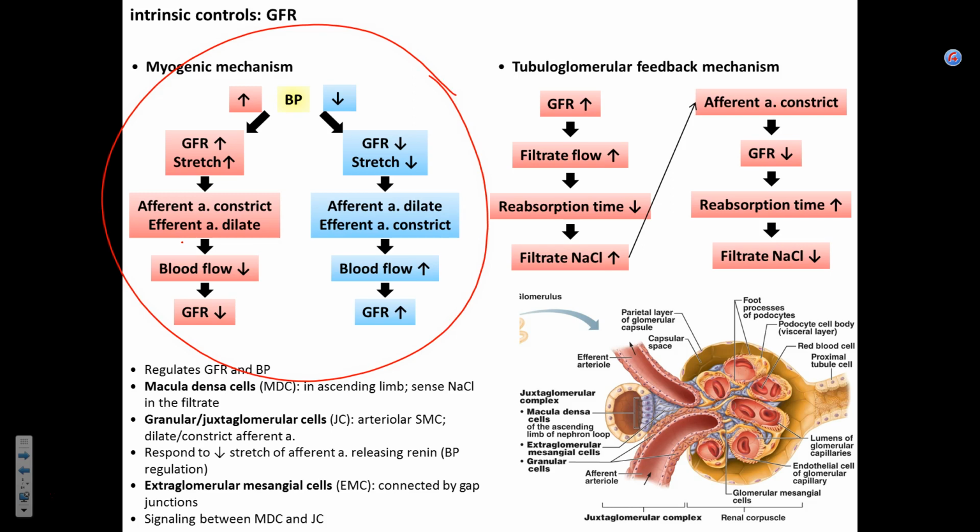Now, this stretch is sensed by granular or juxtaglomerular cells here in the walls of the afferent and efferent arterioles. And in response to that higher blood pressure and higher blood flow, afferent arterioles will constrict, efferent will dilate, essentially bringing less blood to the glomerulus.